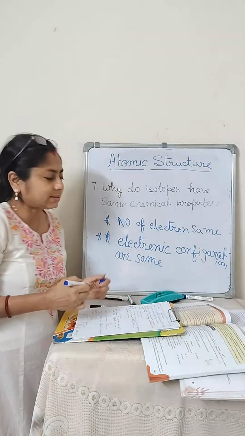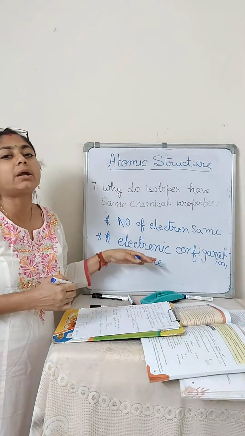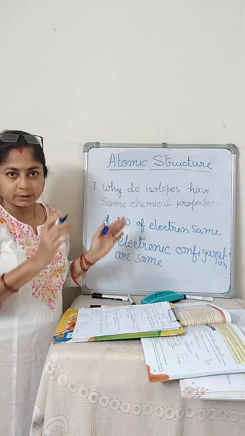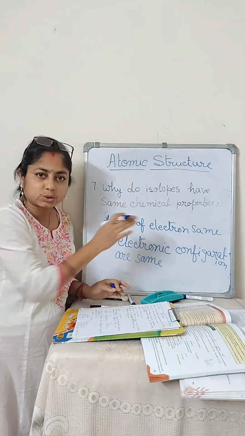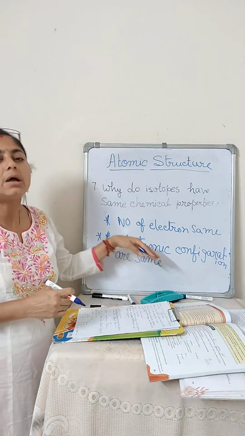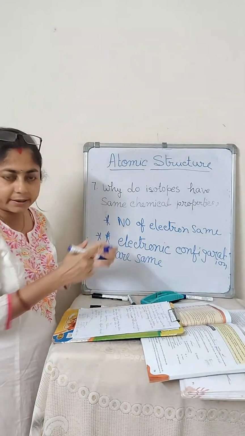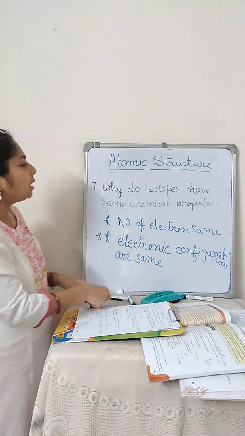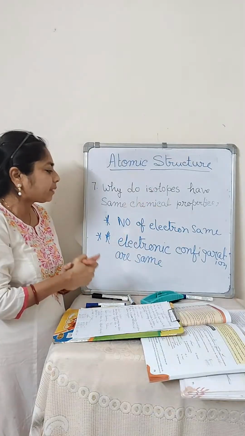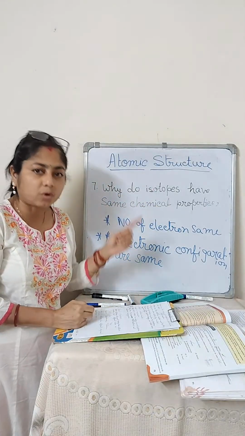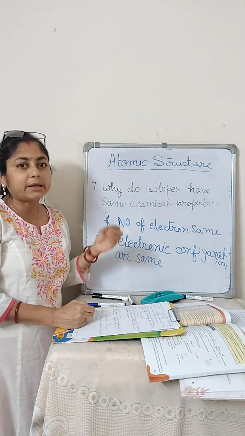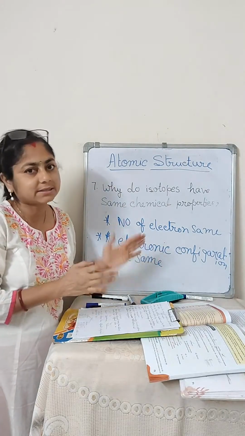Then the question, what is this electronic configuration? First, you just read this one, electronic configuration. After one question, I explain it with the example. Then why are isotopes the same? Number 2 points: the number of electrons is the same and the electronic configuration is the same.